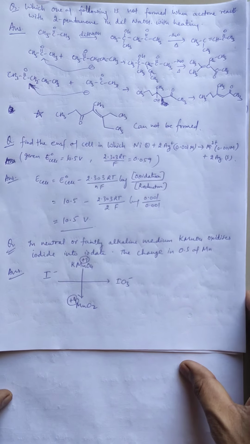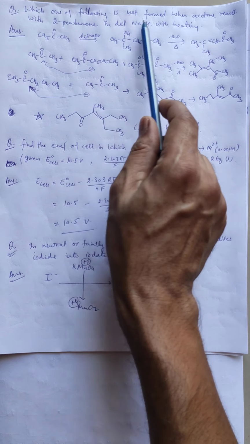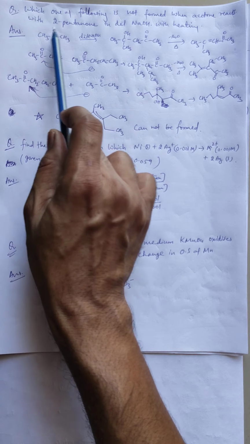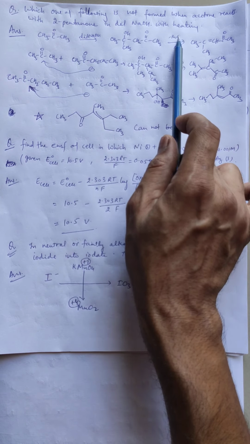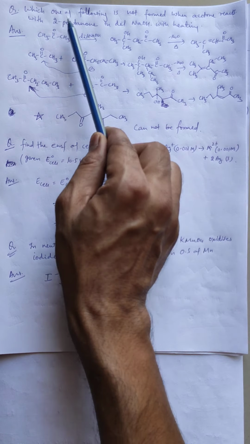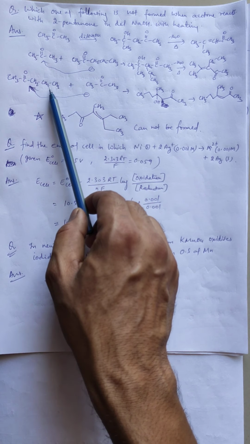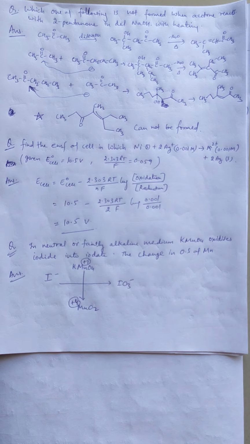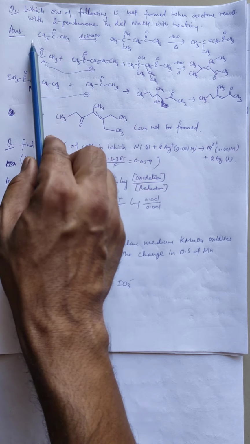Now the next question is: which one of the following is not formed when acetone reacts with 2-pentanone in dilute NaOH with heating? So it is an aldol condensation reaction. Two different reactants are there, so two different reactants give four products. But which four products will be formed when acetone and the other reactant undergo aldol condensation?